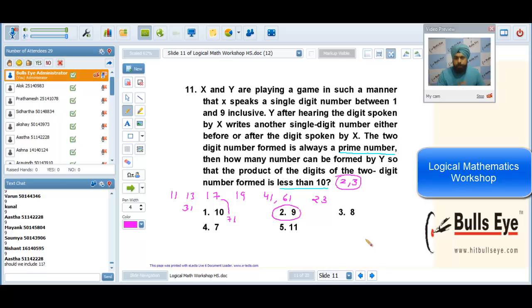Yeah, 11 is to be included. Why you should not take 11, Astha? The question nowhere specifies that they both are writing different digits. Yeah, they can very well be.